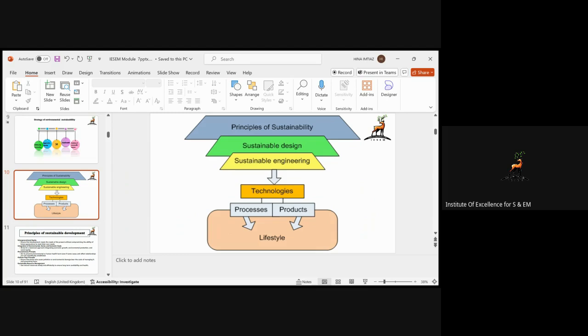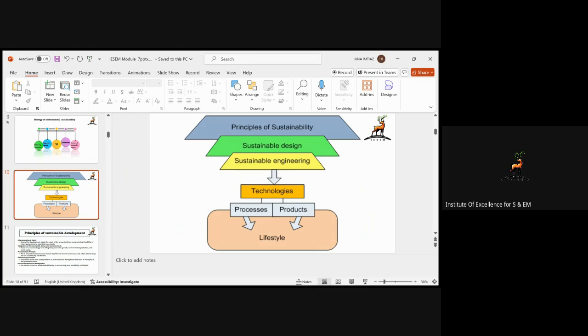For instance, if you are working in the textile industry or in the coal industry, and such techniques or technologies are applied in that industry so that their design is very beneficial, that it gives byproducts, it saves energy, or you can say that it gives you more output, and the design is using less input, then that design is a sustainable design, and that will ultimately result in sustainable engineering.